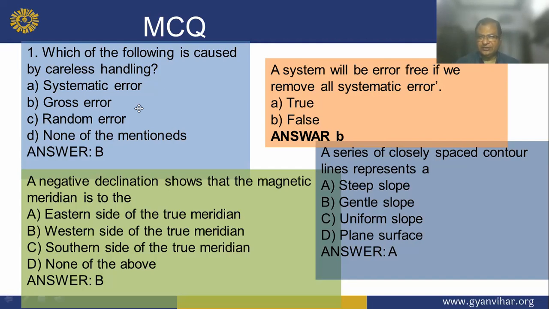Correct answer is B. So the next question: a series of closely spaced contour lines represents what? Then what is the correct answer? Correct answer is A, steep slope.